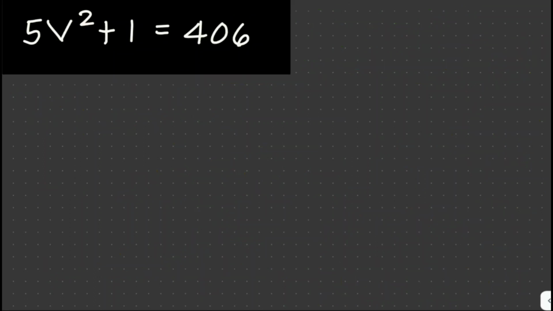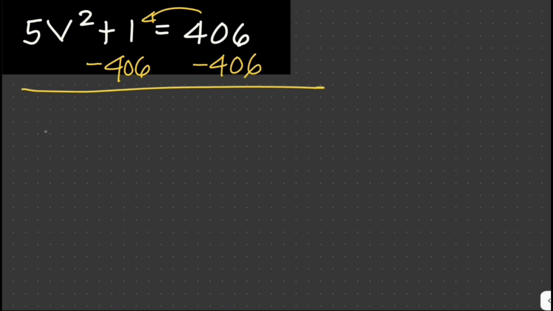Okay, let's solve another problem here. We have 5v squared plus 1 equals 406. Again, we can put all the terms to one side. We can transpose 406 to the left. Subtract 406 from both sides. So this would become 5v squared minus 405 equals 0.